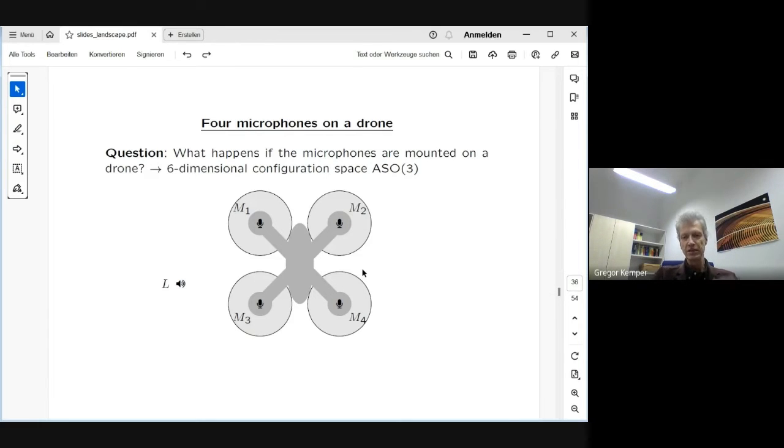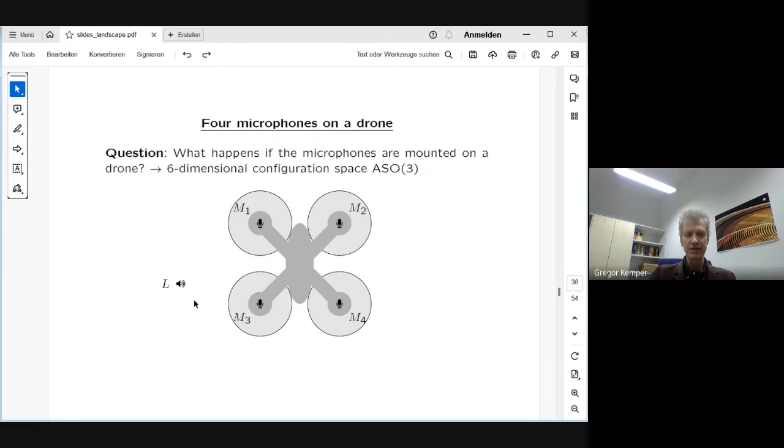You fly it into the room, which also has a loudspeaker somewhere. The drone collects the echoes from one sound event coming from the loudspeaker, then does our wall matching algorithm and tries to map out the walls in just one instance, so to speak.